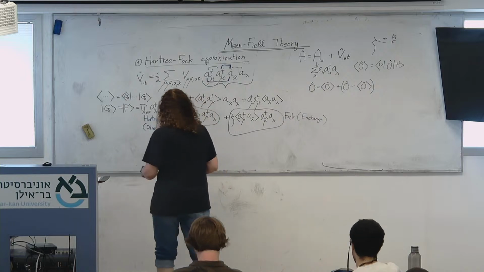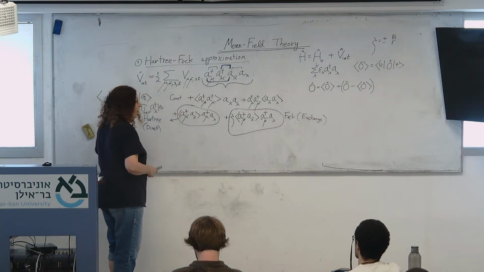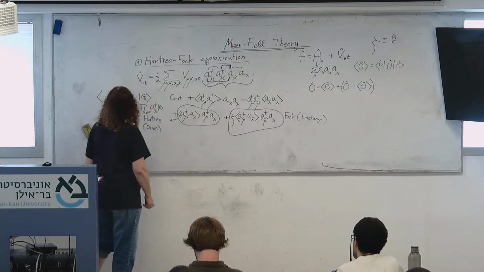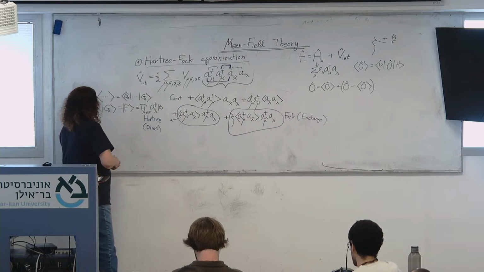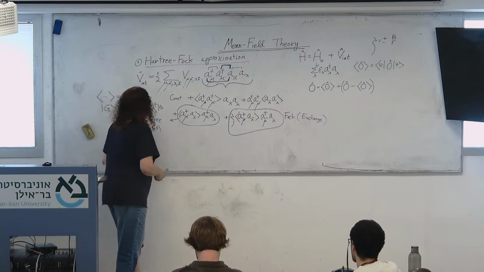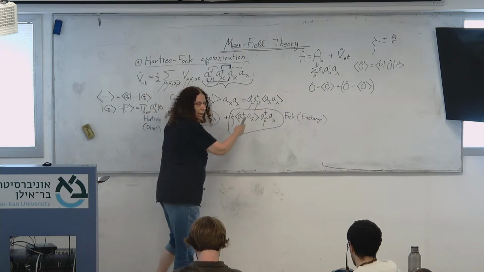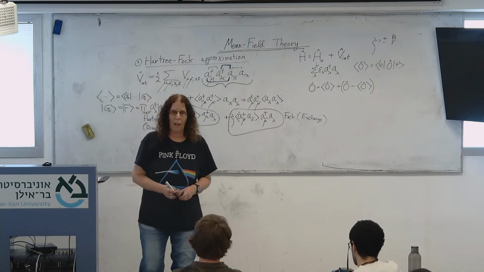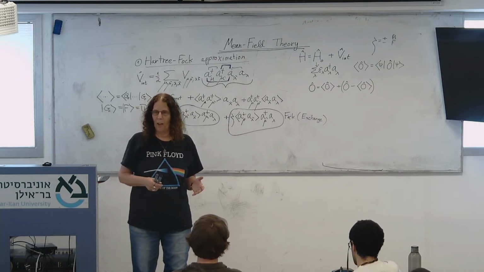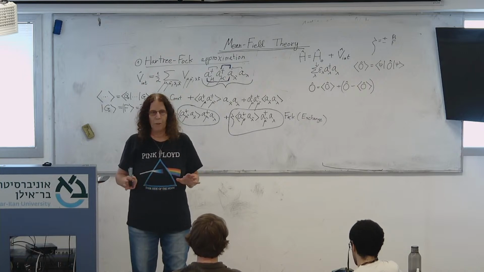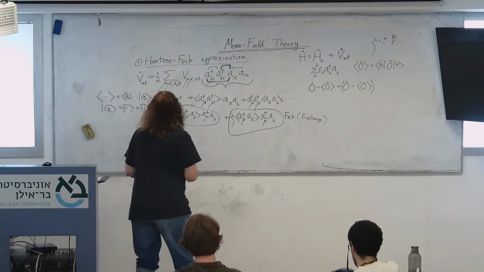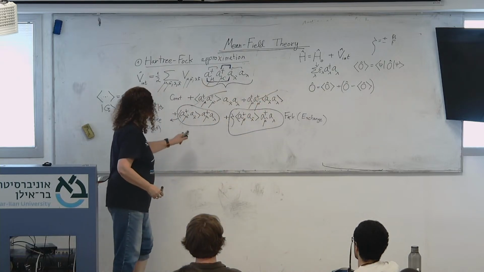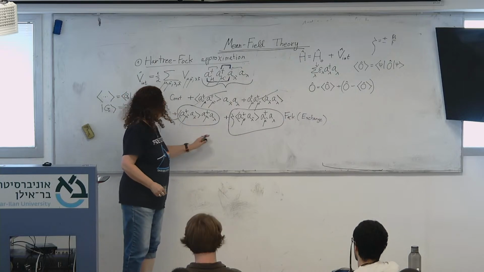And this is, of course, now I'm focusing really on fermions. Okay, so the factor zeta is just -1. And in this case, the expectation value of A dagger A dagger, or AA, is 0. Okay? Or in fact, any operator that doesn't have an equal number of A daggers and A's will give me 0. Okay? So for this state, we can forget about these things, and we only get two terms, the Hartree and the Fock.